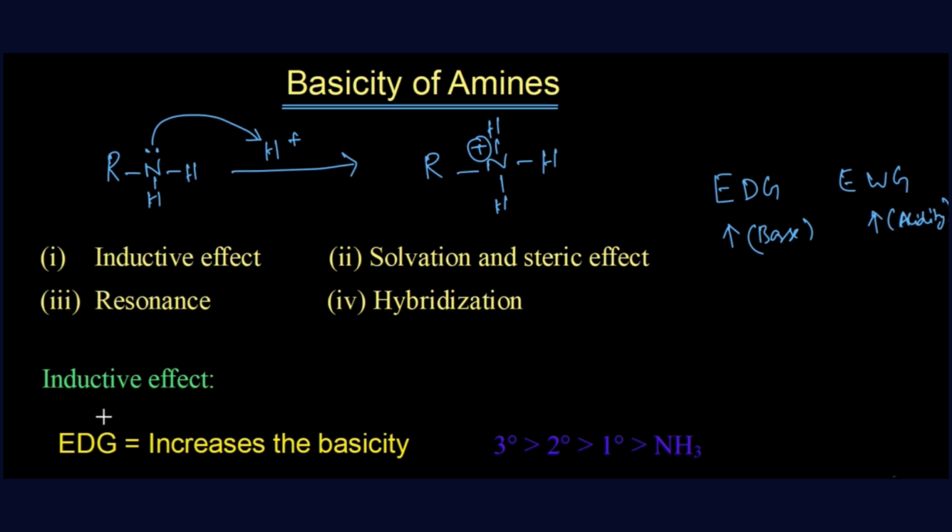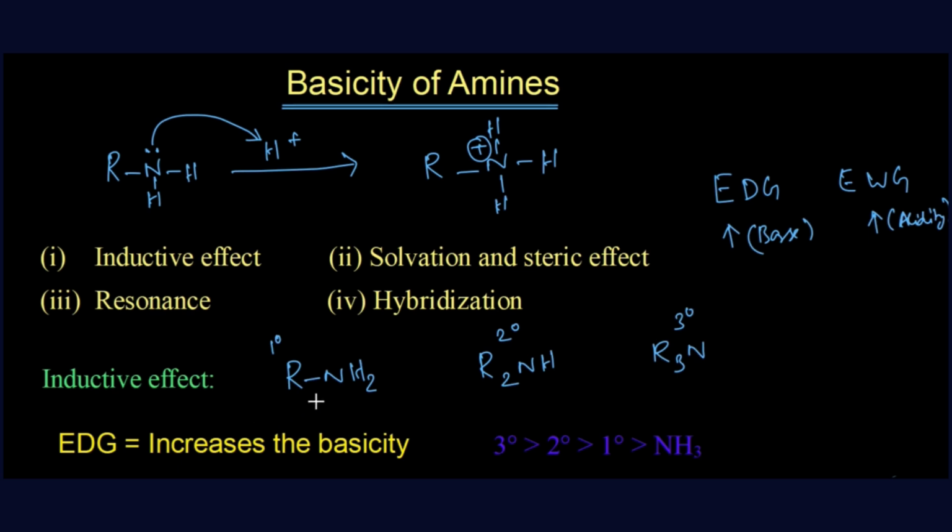Now in the inductive effect, if you compare examples, this is a primary amine where R is an alkyl group, this is a secondary amine, and this is a tertiary amine.